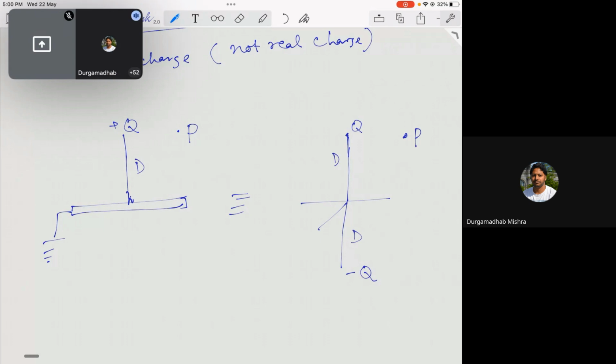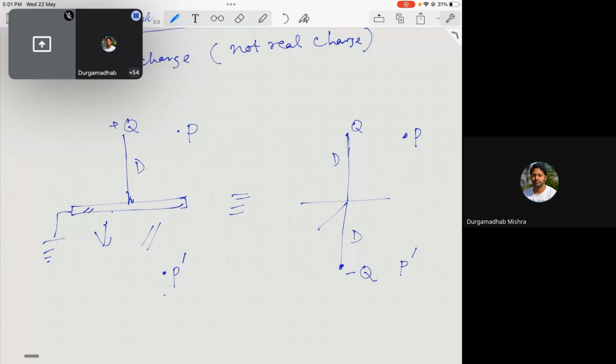But if I want to find, let's say, the potential at a point P prime here, I cannot use this. Why? Because when I am using the method of images, the virtual charge that I have created is below this conductor, so it is outside the region where I want to find the potential.